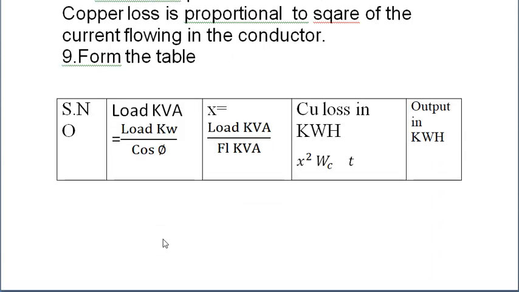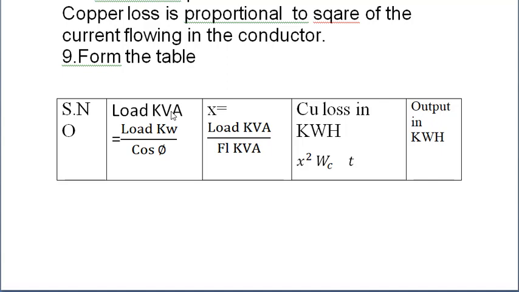Now let us see the table by which we can calculate the all day efficiency without any error. So take the first column as serial number, where you find the number 1, number 2, like that, means they are the load connecteds. Next, second column is load kVA is equal to load in kilowatts divided by cos phi.